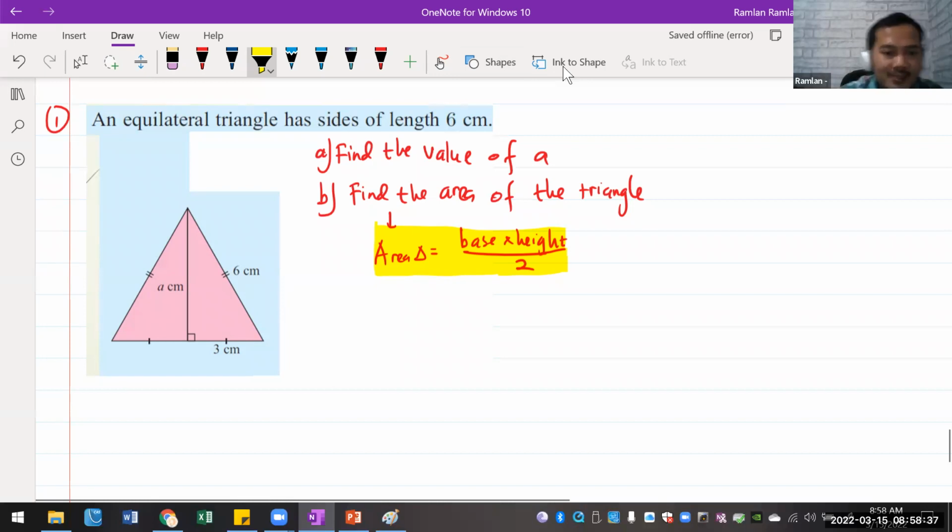Okay, let me get my second question ready. Where is it? Okay, so for number 2, I'm not going to. Wait, let me go back here.